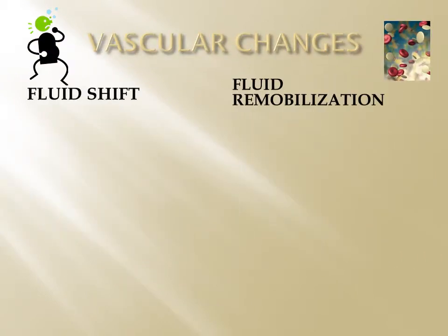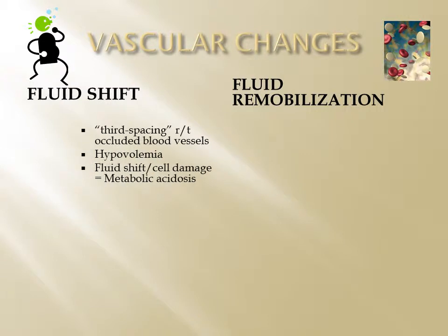So let's check out some of the vascular changes. We are going to discuss fluid shift and fluid remobilization. During fluid shift, there will be third spacing. This is related to the occluded blood vessels. There will be hypovolemia. Fluid shift leads to cell damage, which equals metabolic acidosis.